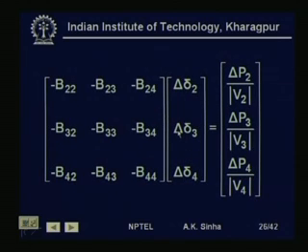So, this is a great advantage that we get because the matrix is now a constant matrix. We can store the factors of this matrix or triangularized matrix and we can use them in each iteration.